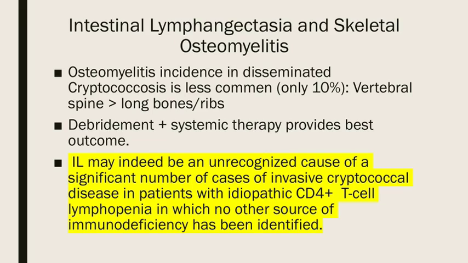And so if you see one of these patients with idiopathic CD4 T-cell lymphopenia, I would strongly suggest you consider this case. Or if you see someone with an unexplained course of Cryptococcus or another opportunistic infection with some T-cell lymphopenia.